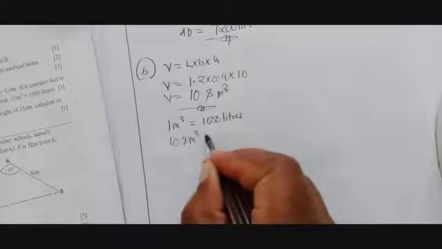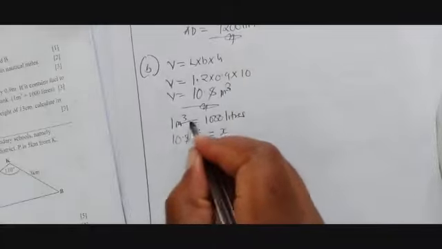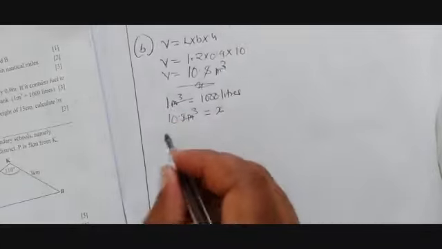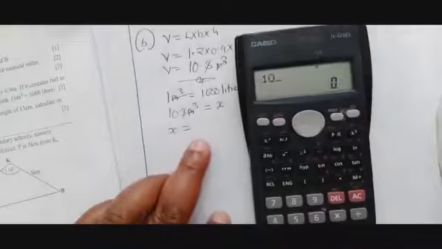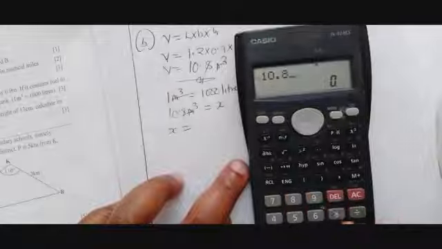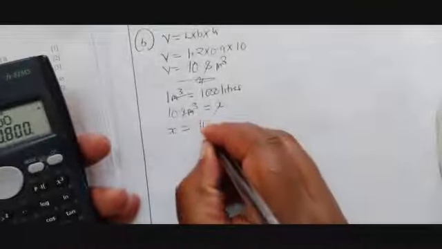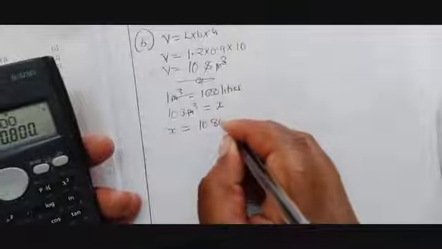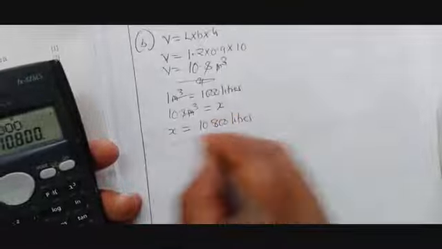You say x. This can cancel. So 1 by x, you have got x. Then you say 10.8 by 1,000. What do you get? So I've got 10,800 liters. All right, and this is your answer.